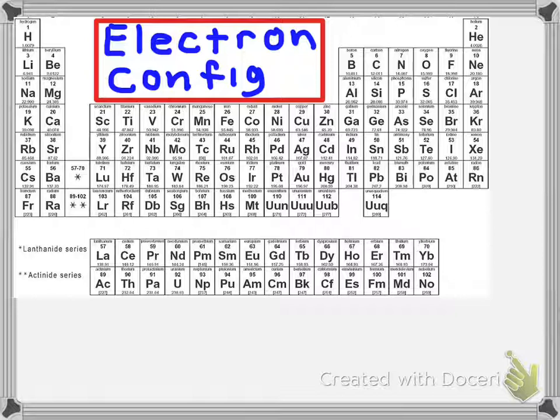So you might be asking, well, what are these shells? I have absolutely no idea. And that's okay. We're just going to work our way down the periodic table. So right here at this hydrogen, this is shell number 1. This right here at lithium is 2, 3, 4, 5, and so forth, and you just work your way down.